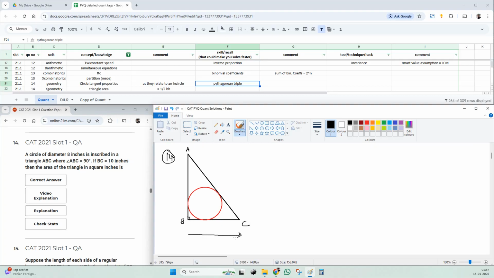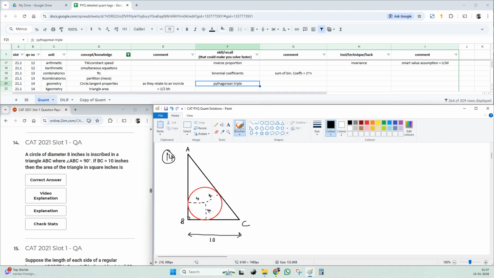We know that BC is 10. And the diameter of the circle is 8 inches, which is an indirect way of saying that the radius is 4. We need to find the area of the triangle in square inches.